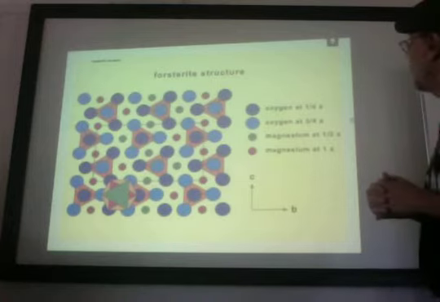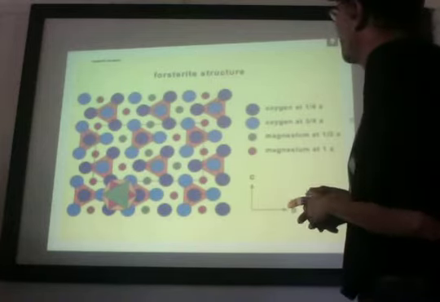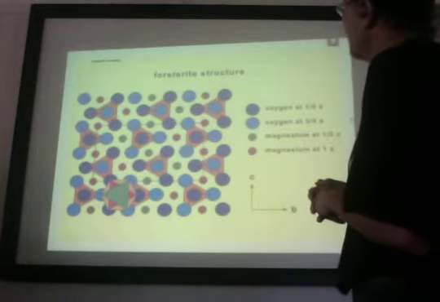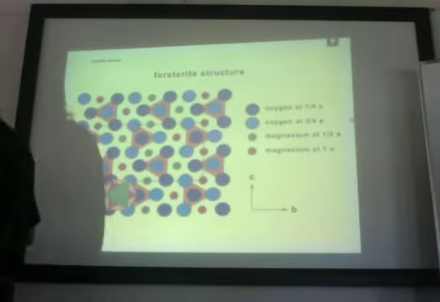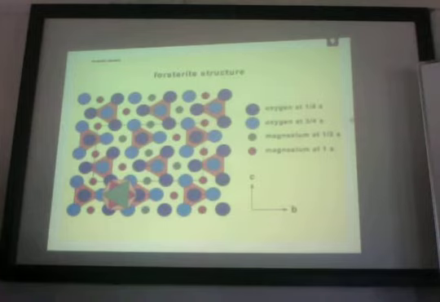I showed you all these different crystal structures, and here we have the structure of a forsterite, and the forsterite is a nesosilicate. The garnet is a nesosilicate too, and we have some other common nesosilicates.